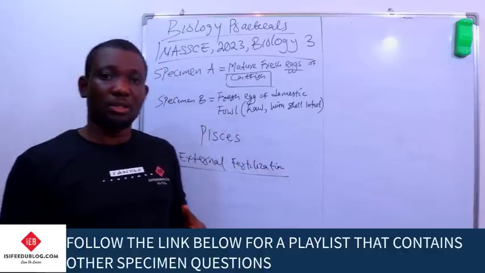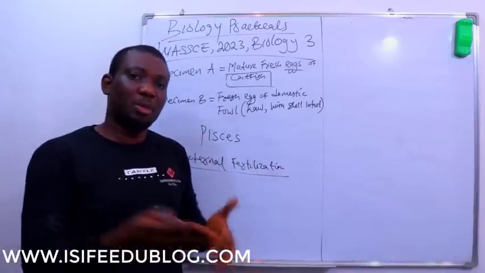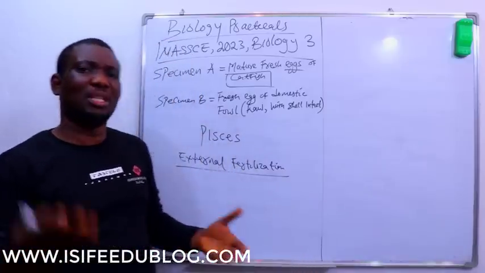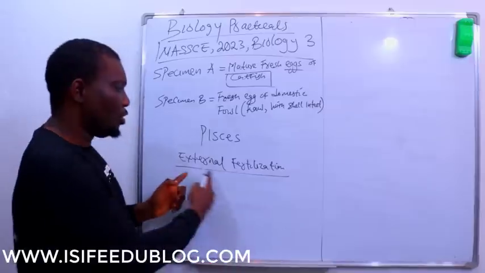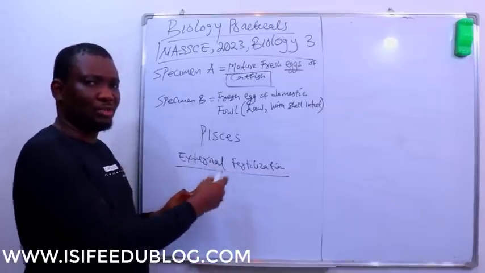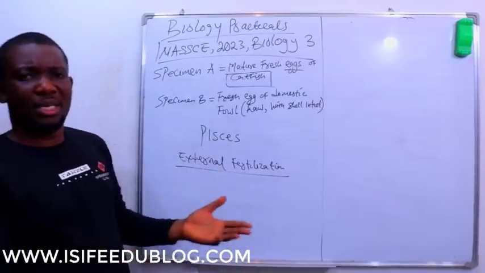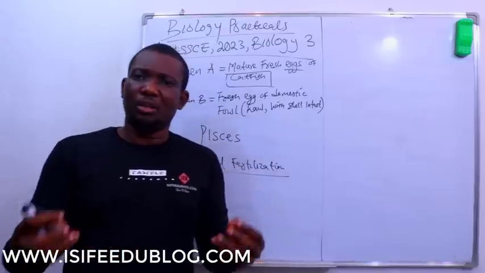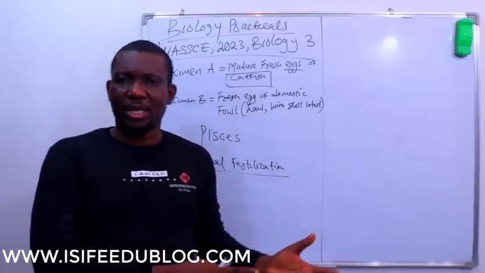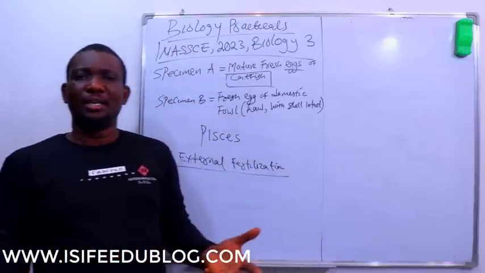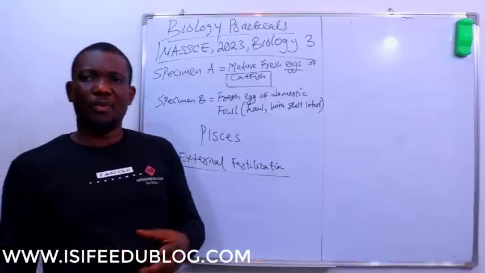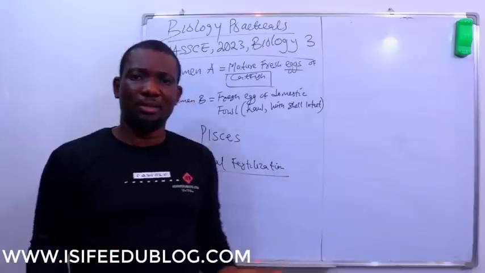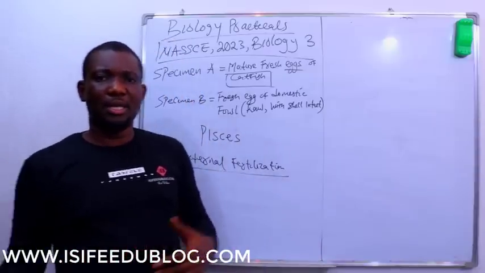So in as much as it is a disadvantage, if you are asked to mention a disadvantage of this type of fertilization, one, you can say that a lot of sperms will be wasted. And again, some of these eggs are also eaten up by other animals.